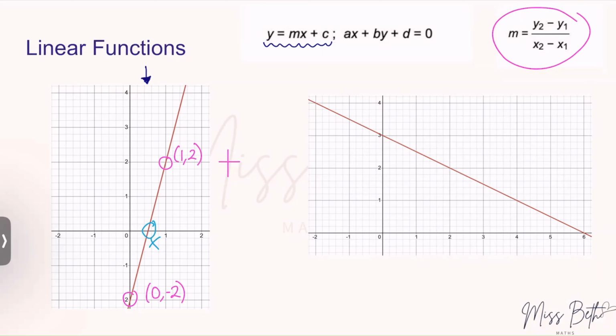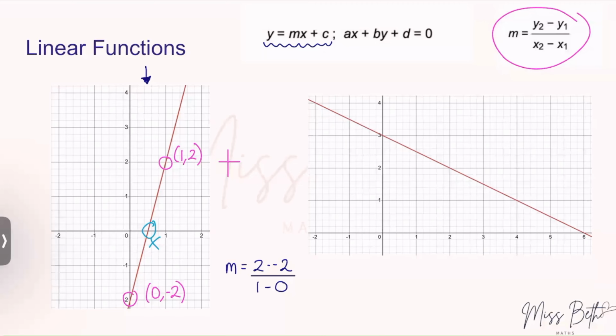Okay, so I would write m is equal to y2 minus y1, so I've got 2 minus -2, and I'm dividing by x2 minus x1, so 1 minus 0. Now, lots of people will ask, does it matter which way round?